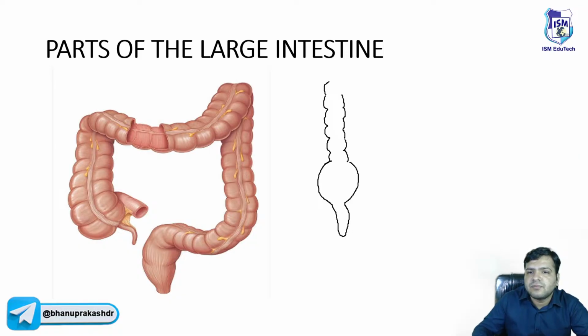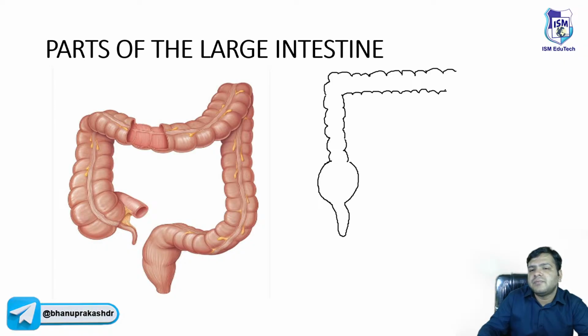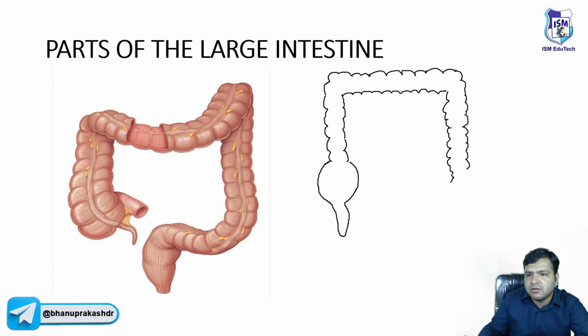Ascending colon, transverse colon. Then we have the descending colon, then the sigmoid colon, the rectum and the anal canal, right?